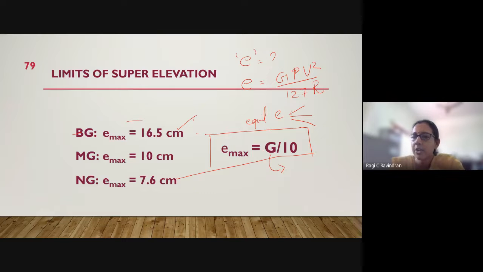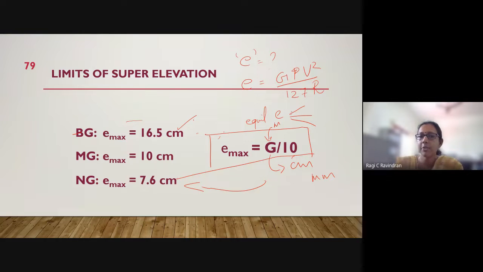If you are substituting in meters, you will get the Emax value in meters. If you are substituting in centimeters, you get the value in centimeters, and if you are substituting in millimeters, the value will be in mm.